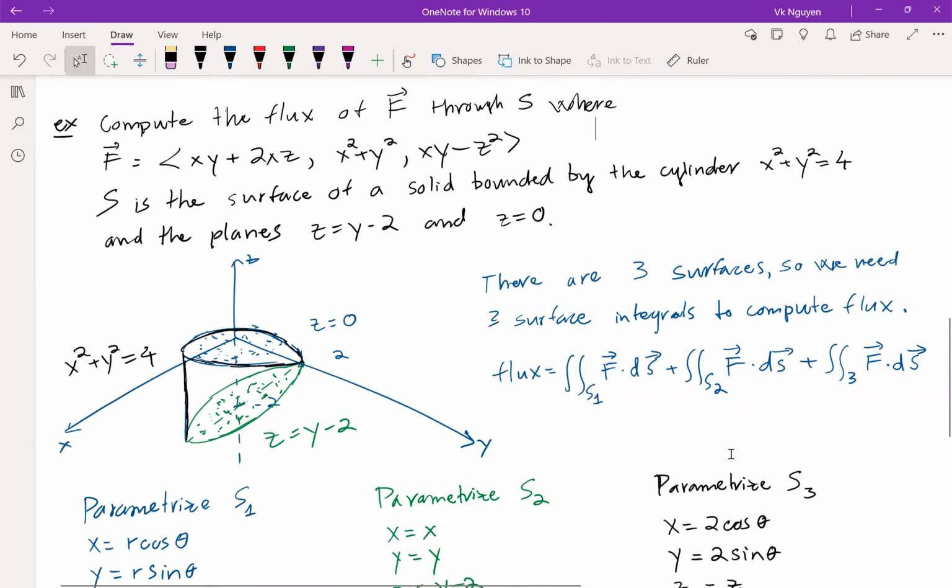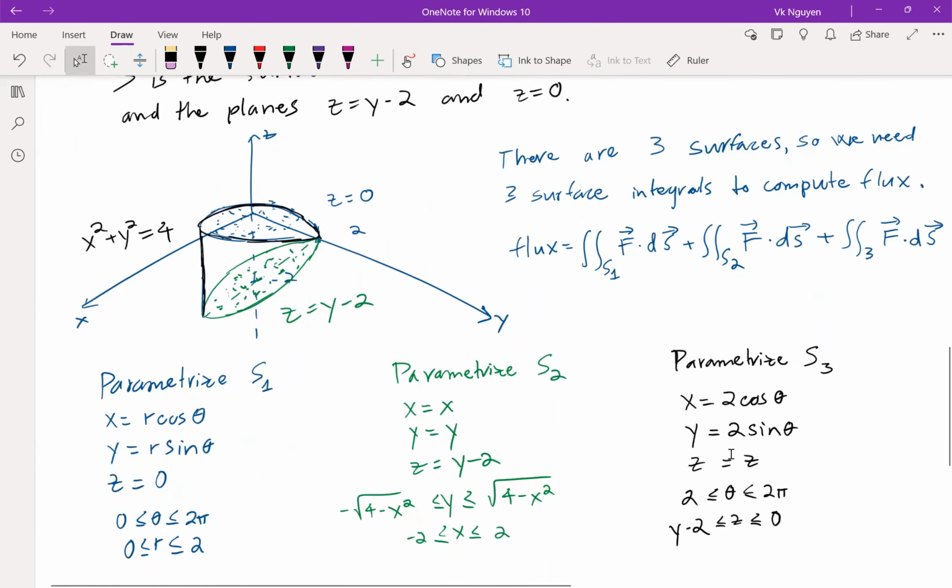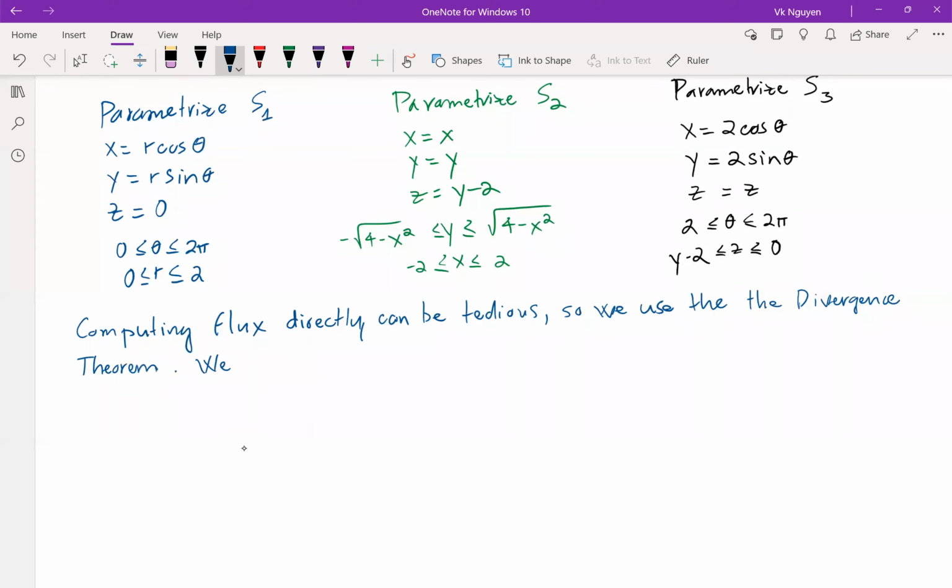Last time, if you look at it, if you do it directly, this is the flux there. You've got to go through 3 different surface integrals. Oh, that can be pretty long and tedious. We can use the divergence theorem because S1, S2, S3 enclose a solid.